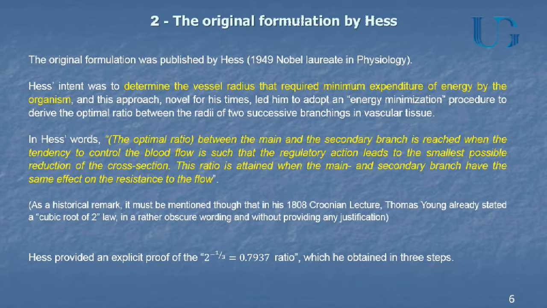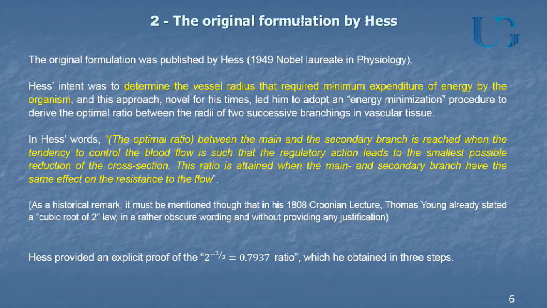And he came up with a theory, which I will explain, which is based on an energy consideration, energy minimization, so to say, from which this 1 over the cubic root of 2 law comes out, 0.7937.